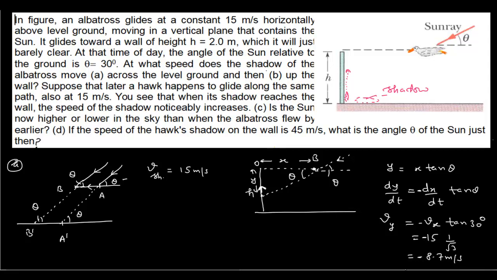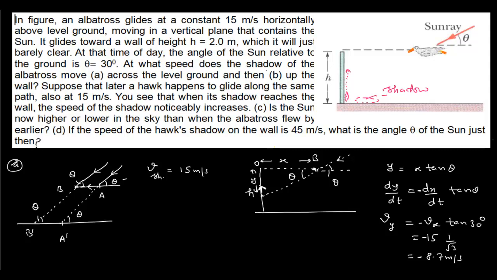This means that as the bird is approaching this point O, the distance from this point O is decreasing and the velocity is towards this point O. So the negative sign shows that the movement is in this direction, as the measurement of h from this point downward is taken as positive. So negative means that the shadow is approaching point O.